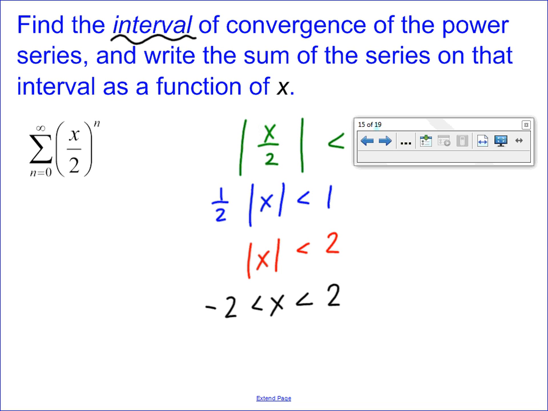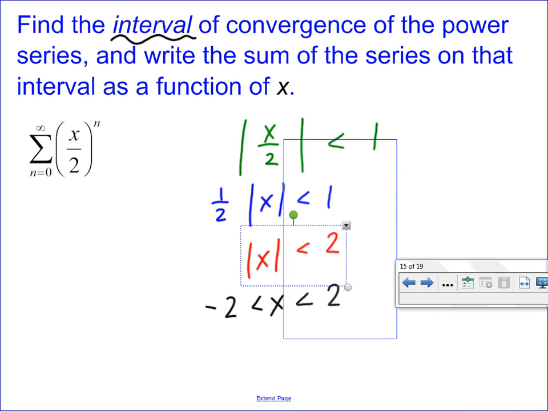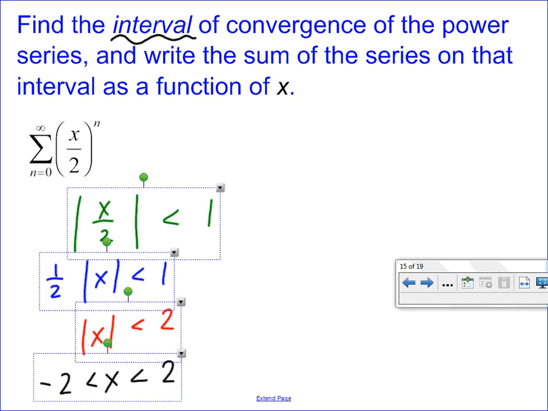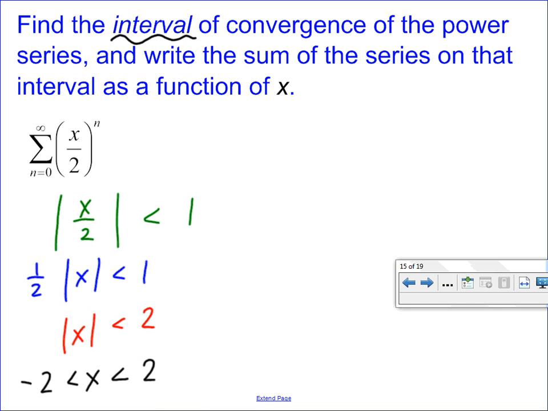Now let's write our original as a function of x. This looks a lot like, recall, our familiar function, our basic generic power function, written as 1 over 1 minus x.